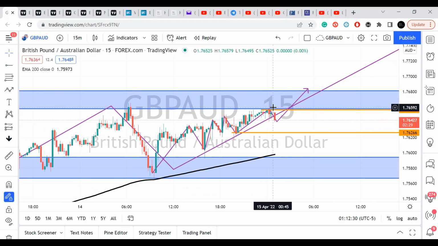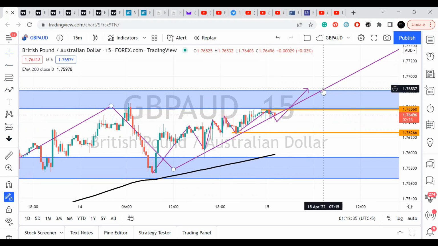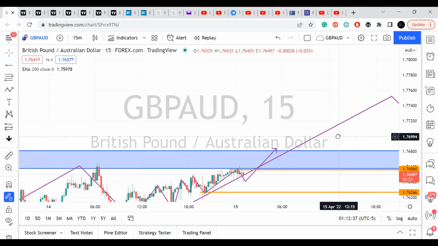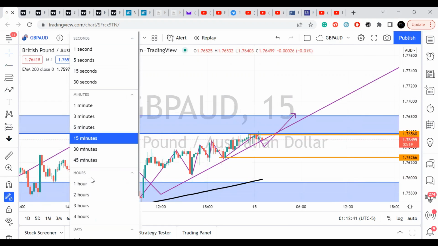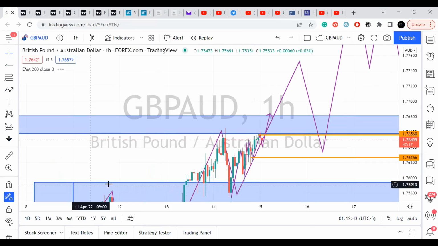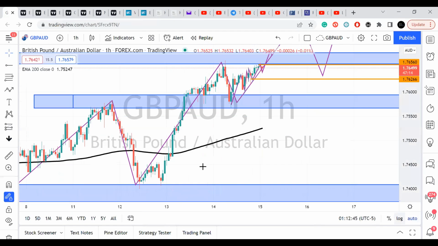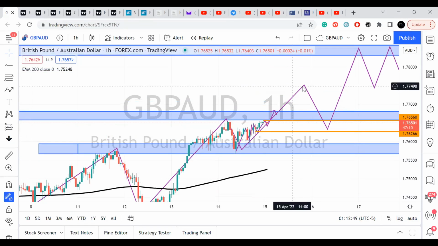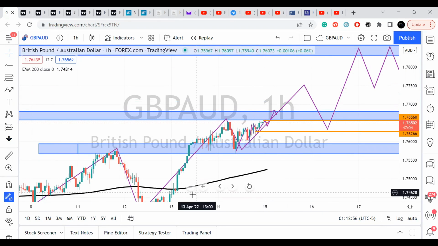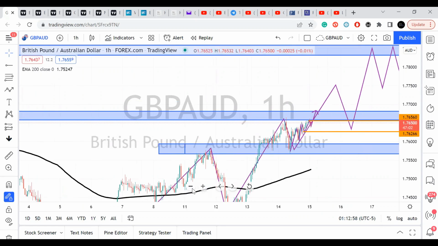So if you are not yet in this market, you can set up like a buy stop here. Then your target will be, let's go to the 1 hour chart to see where our first TP will be. Remember that I said price will come around here, then drop to retest. So let's see where the TP is going to be for this current buy.